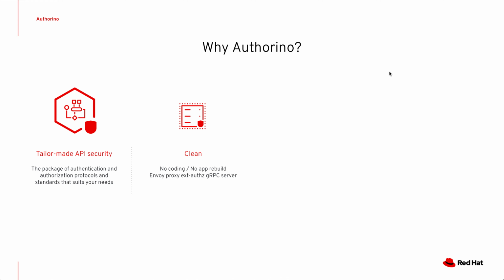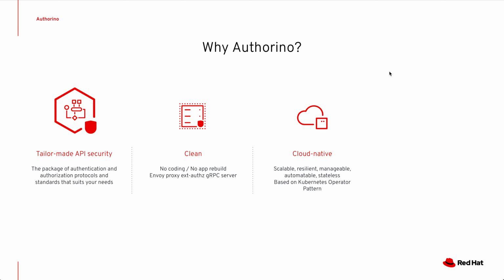And it does that in a clean way, where by combining external authorization protocol and on-the-fly configurability, it doesn't involve changing your code, rebuilding your application when you want to add or modify your authorization layer. And Authorino is also cloud native, based on Kubernetes operator pattern, both for deploying instances of Authorino and at runtime for applying AuthConfig.